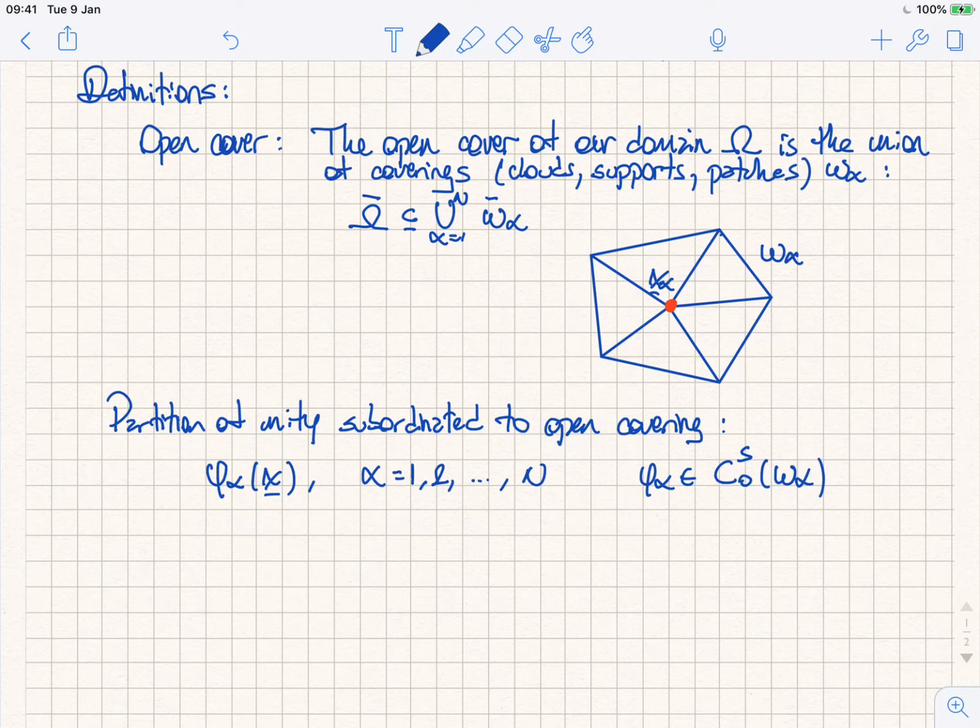So what this is saying is basically just that these shape functions phi sub alpha within the patch or the support or the cloud or the covering, basically all the elements where that function is non-zero, has regularity S. And this is just saying that this is zero outside.